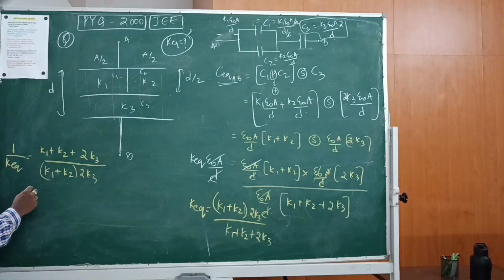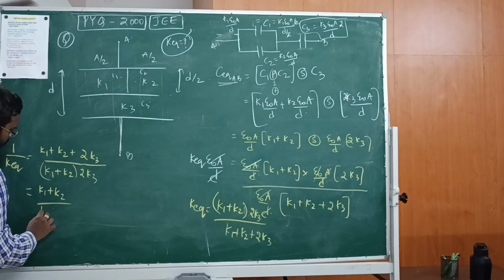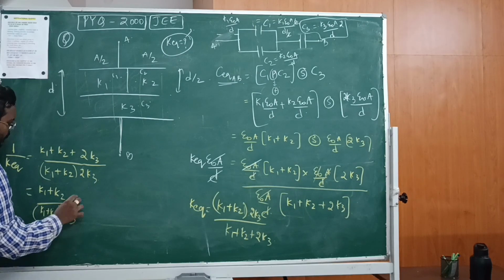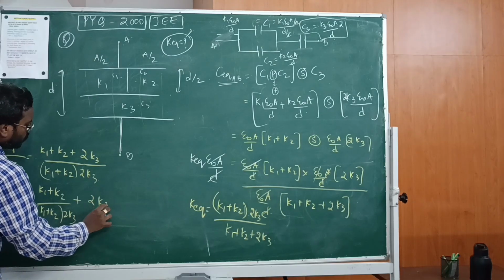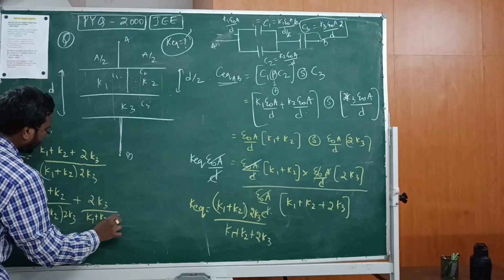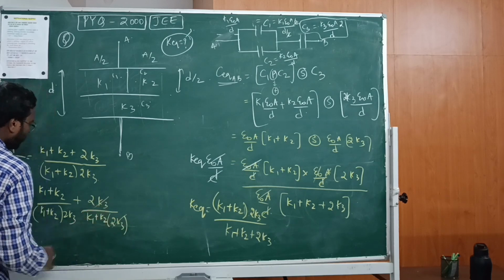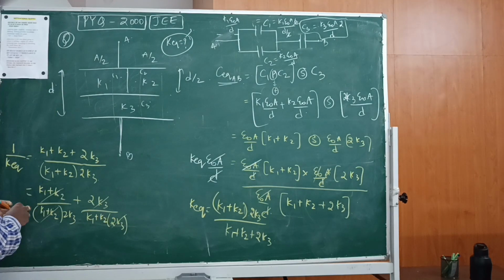So we can split this up: K1 plus K2 into 2K3 plus 2K3 divided by K1 plus K2 into 2K3. So 2K3 gets cancelled, K1 plus K2 gets cancelled.